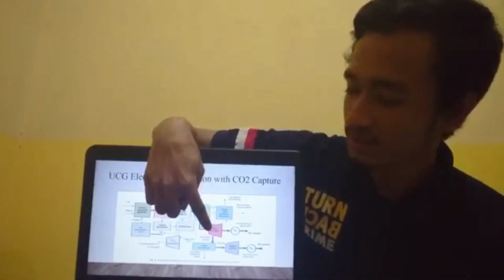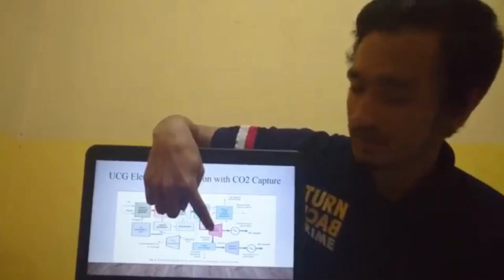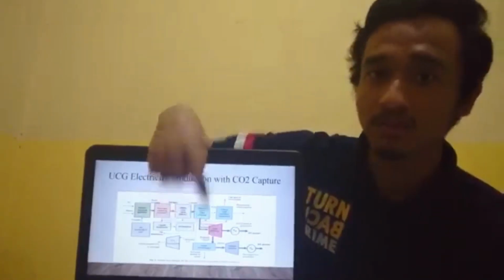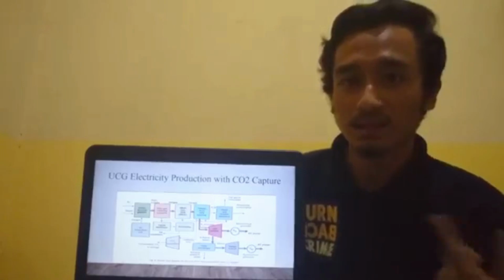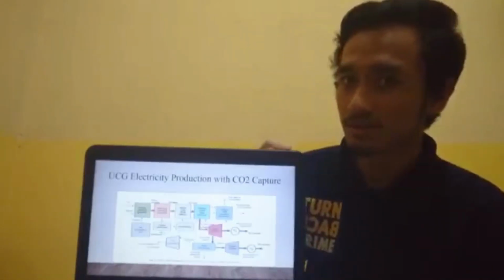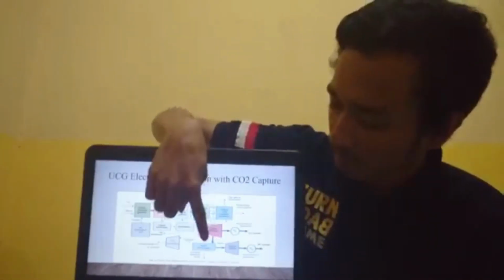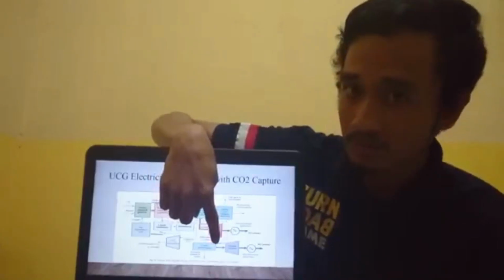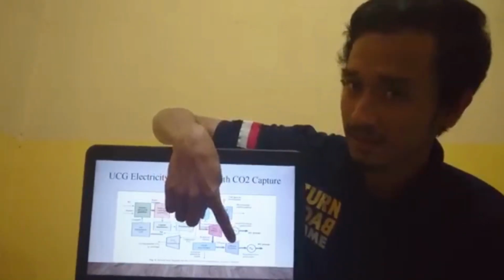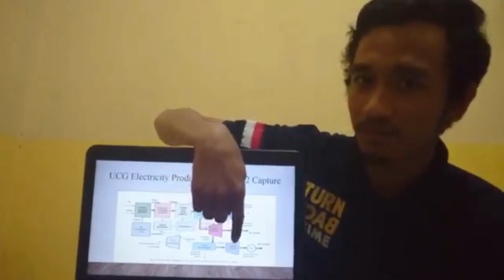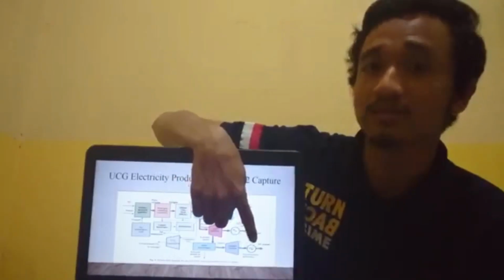The exhaust gases from the gas turbine go to the heat exchanger, where steam is produced and goes to the steam turbine to produce AC power, electricity, again.